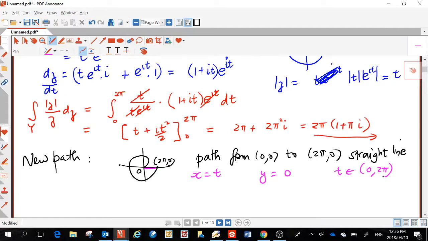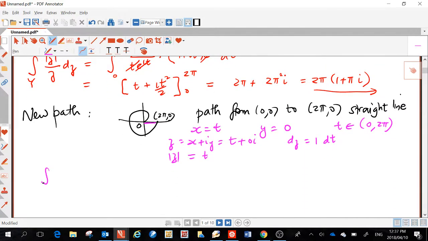So if you want z, which is x plus iy, it will be t plus 0i, dz will be equal to 1 dt, and mod z will be the square root of t squared, which is t again.